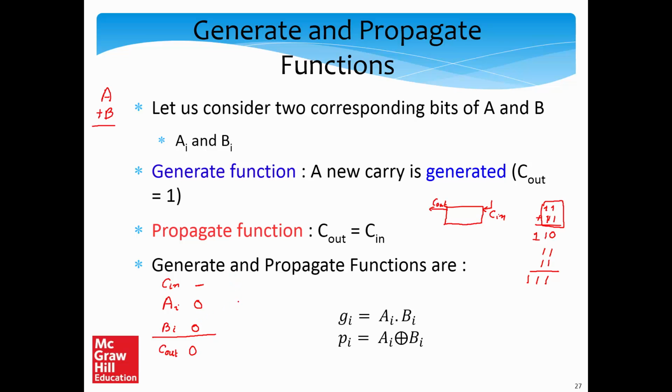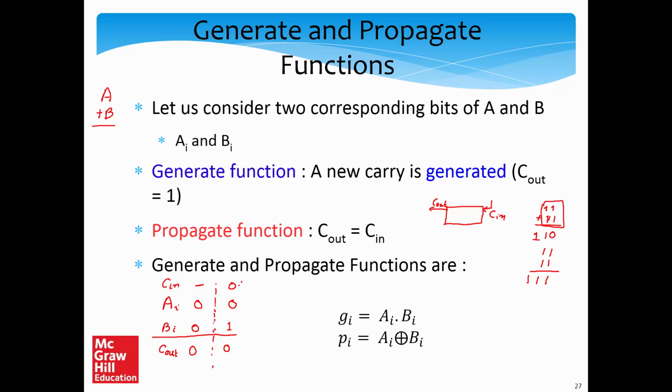Now assume that ai is 0 and bi is 1, right? Let me draw a quick line here to demarcate. If the input carry is 0, then the output carry is 0.